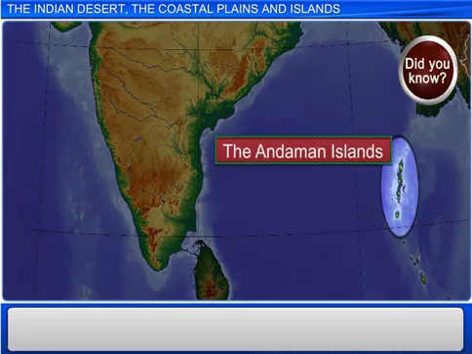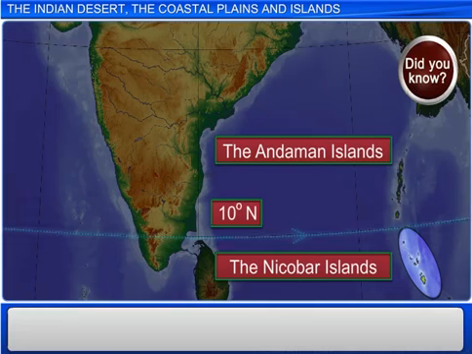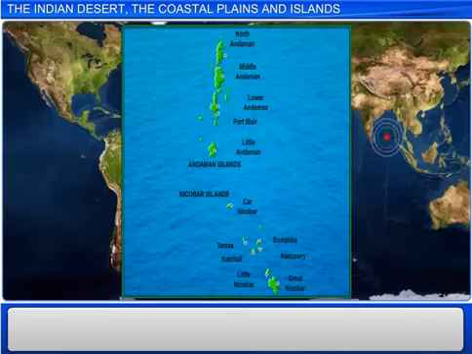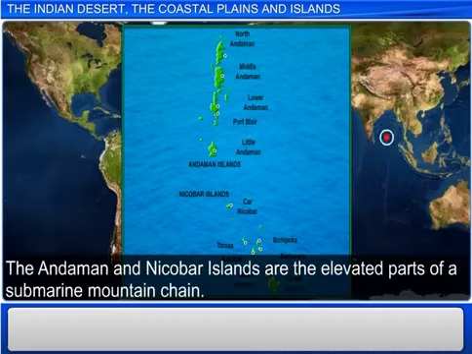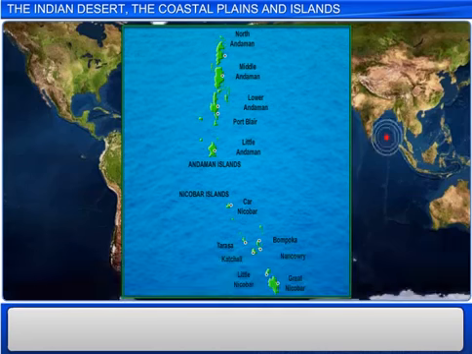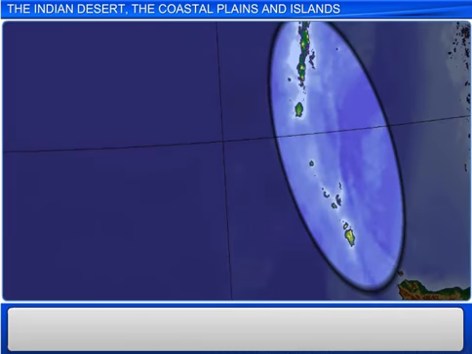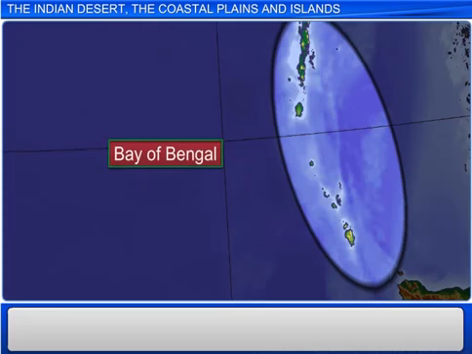The Andaman Islands and the Nicobar Islands are separated by the 10-degree north parallel. It is said that these islands are the elevated parts of a submarine mountain chain. As you can see from the map, this chain separates the Bay of Bengal from the Andaman Sea.